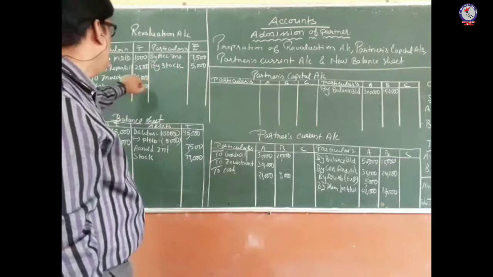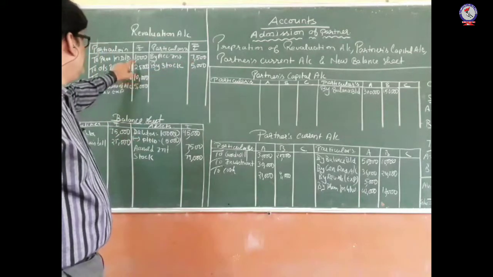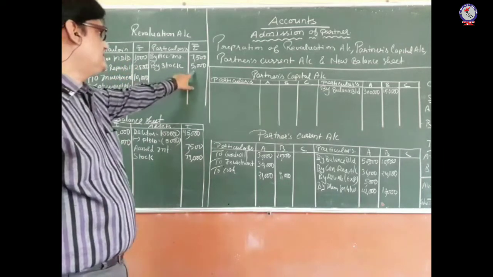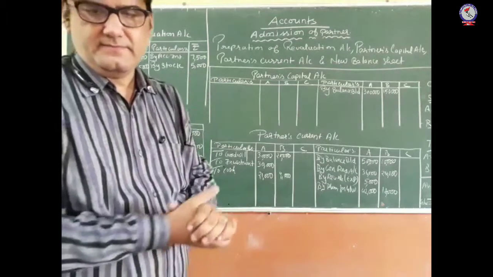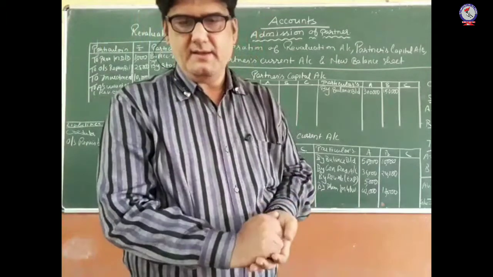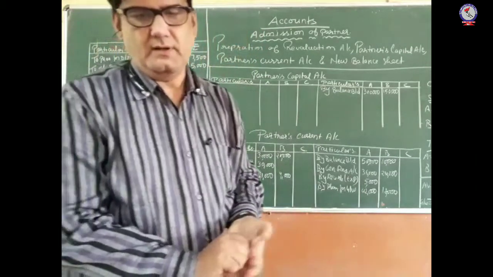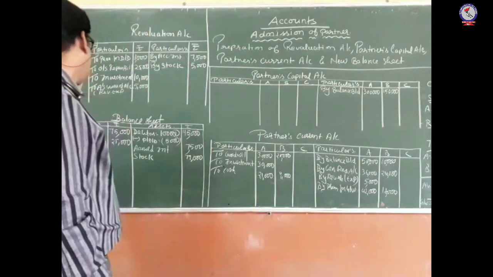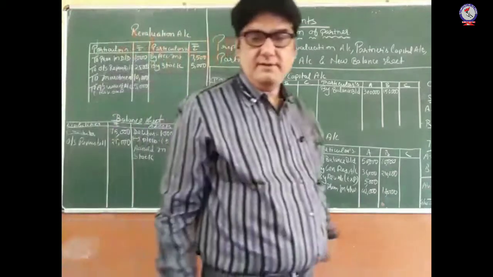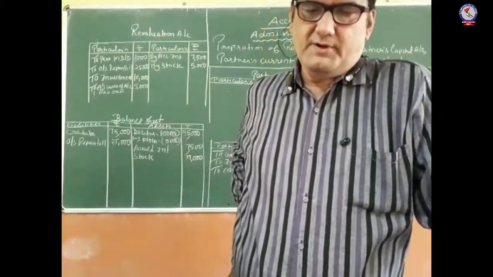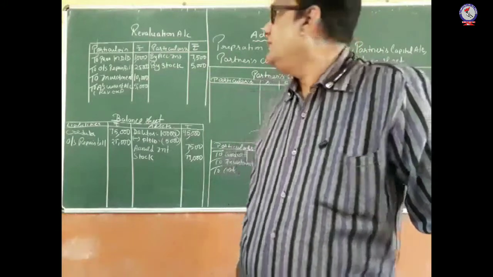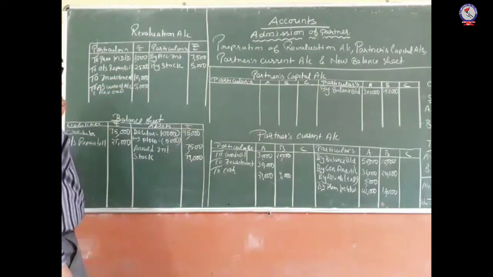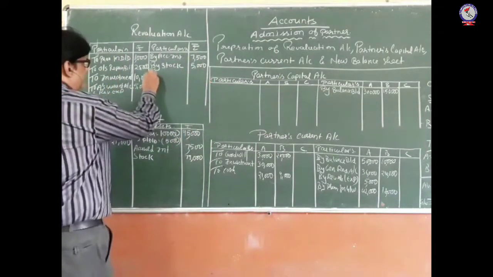First, close the revaluation account: 12,500, 25,000, 10,000 and 5,000 respectively. The total becomes 41,000, minus 12,500. So there is a loss of 28,500 rupees.